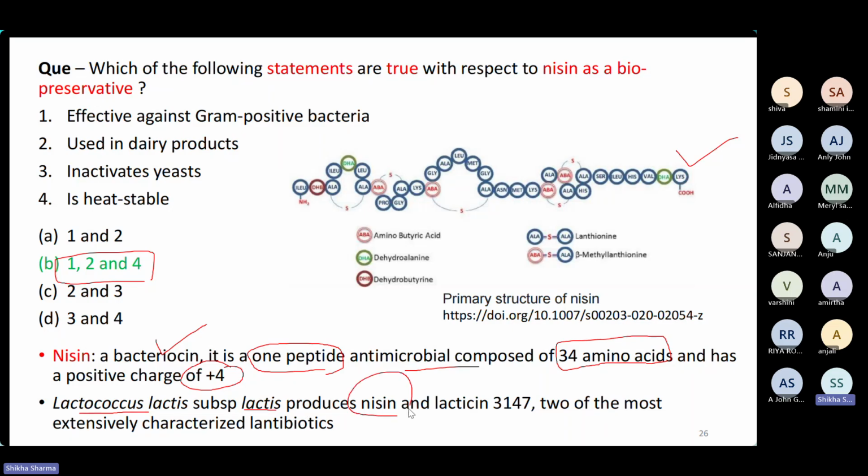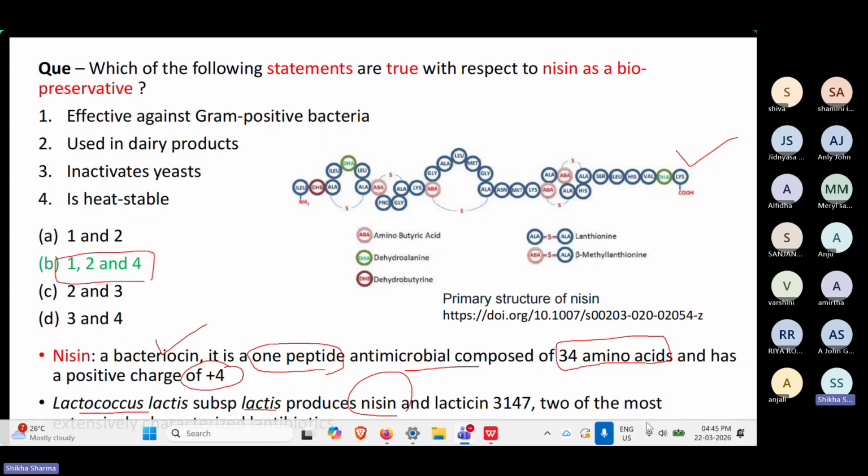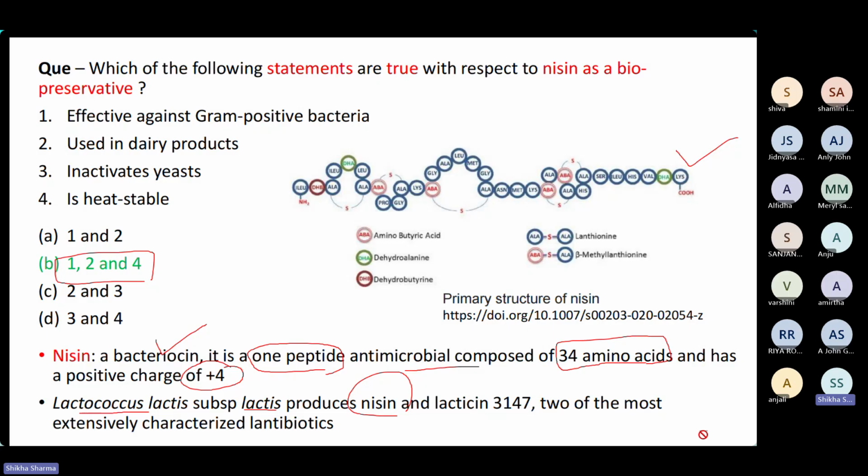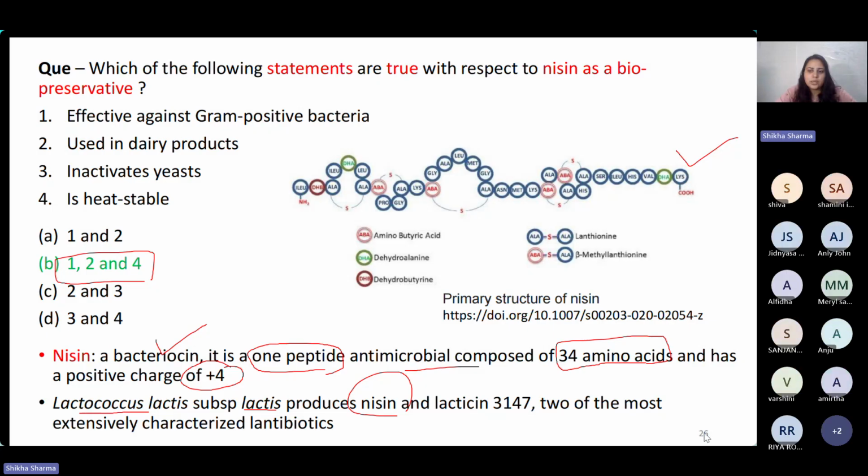It produces nisin, and it also produces lacticin 3147. These two are the most extensively characterized lantibiotics, produced by Lactococcus lactis subspecies lactis.